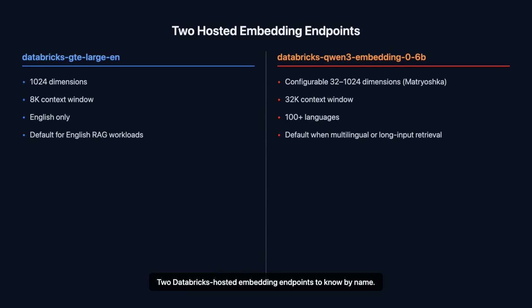2 Databricks hosted embedding endpoints to know by name. On the left, Databricks GTE Large N, 1024 dimensions, 8K context window, English only. That's your default for English RAG workloads.